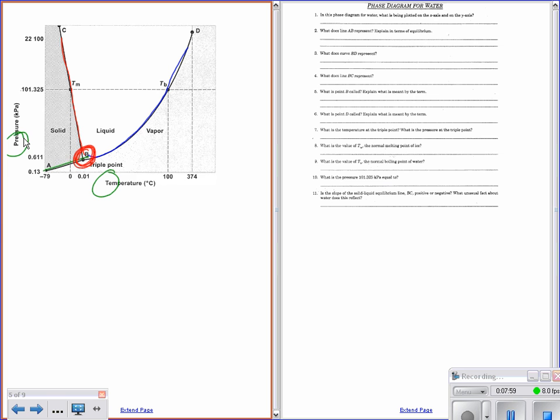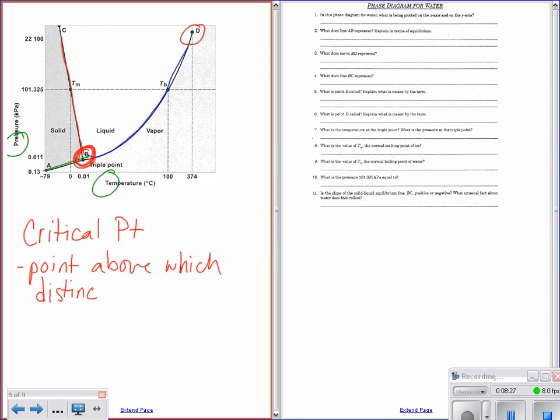Okay, so now a little bit of a trickier one is D, which is right up here. And this point is known as the critical point. This is going to be a point above which distinct gas and liquid phases do not exist.